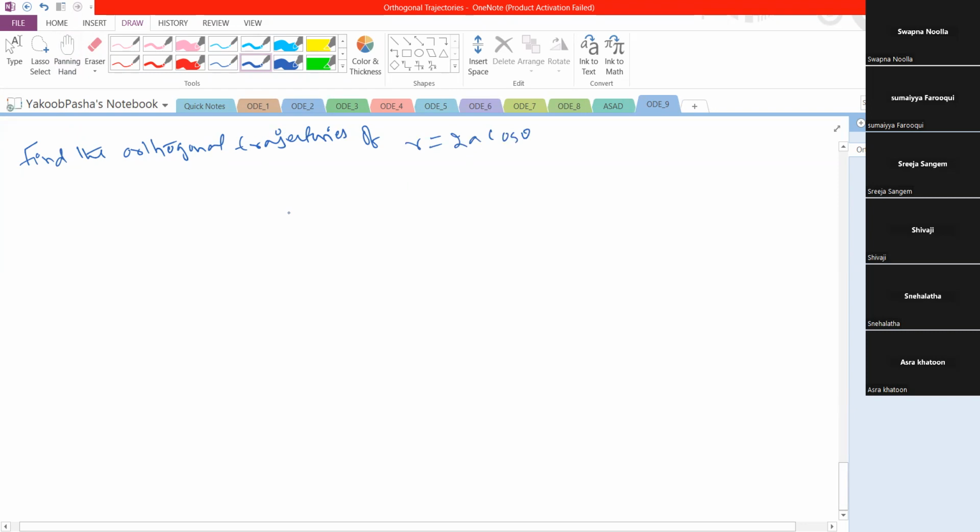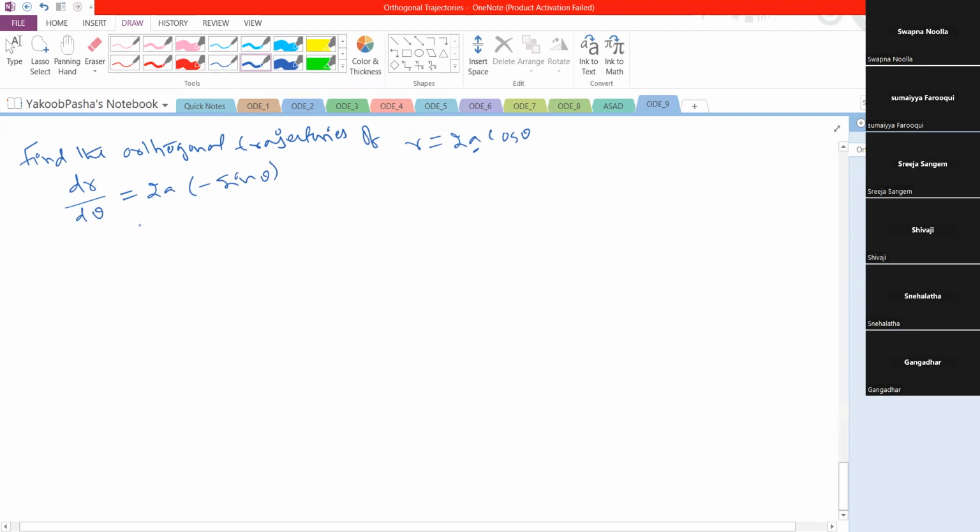First, we have to identify the arbitrary constant, that is a. Okay, a is the arbitrary constant. Now, differentiate this with respect to theta. So we get dr by d theta is equal to 2a constant, cos theta differentiation minus sin theta.